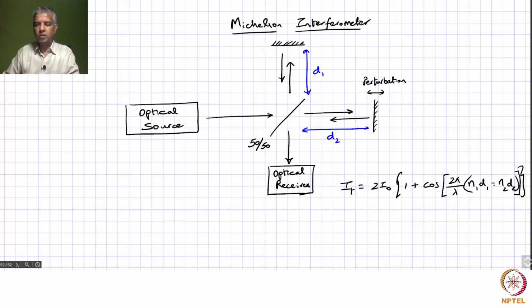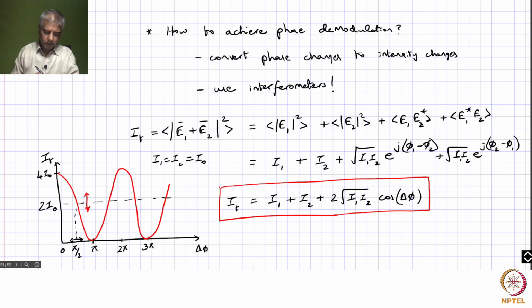Let's say n1 and n2 are equal to 1, so the medium we can consider as air. And then if you are changing D2, any small changes in the perturbation will give a corresponding change at the optical receiver. So how sensitive is that? Well, we can say that we are picking up changes if it goes over pi, if delta phi equals pi.